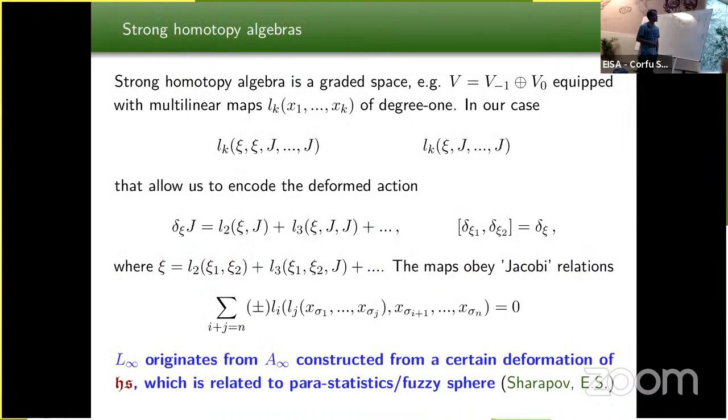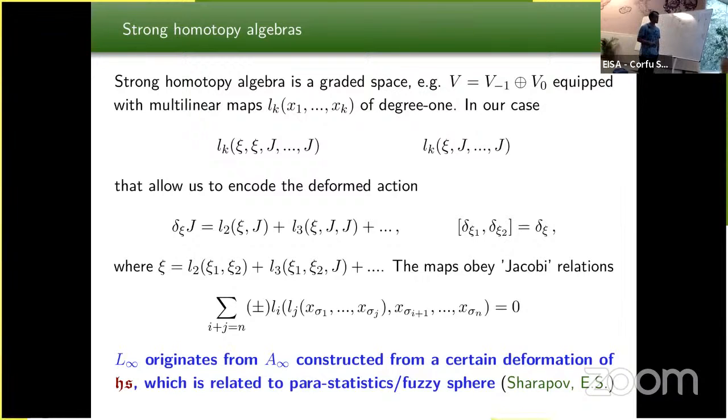And well, just recall what L infinity is. In this particular case, we have some graded space. In this case, it has 2 degrees. There are lots of multilinear maps. They satisfy some kind of Jacobi identity. So now we need to construct this L infinity and say something about it to attack the 3-dimensional bosonization duality.